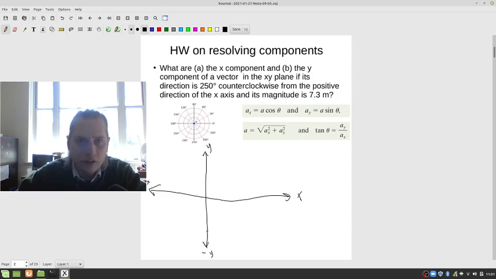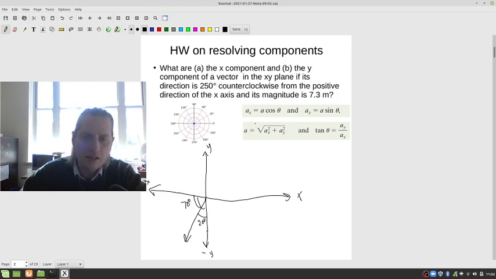At 250 degrees, well, here's 0 degrees, 90 degrees, 180, 270. 250 has to be somewhere around there. In fact, if this one is 270, that would have to be 20 degrees, and this one would have to be 70 degrees. And it asks to find the x and y components.